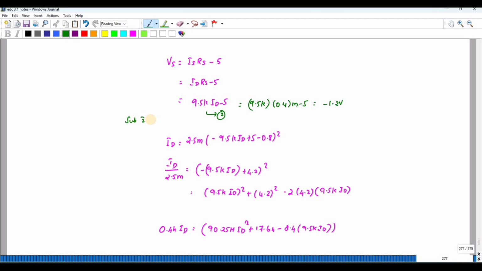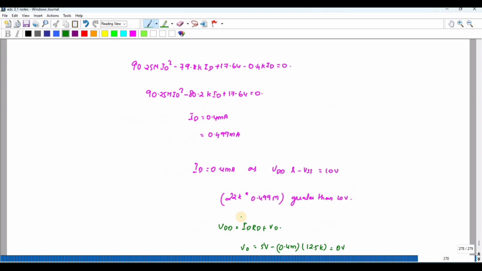If I substitute this equation, I'll get this, and I'm going to divide the whole term by 2.5 milli and apply the (A plus B) the whole square formula. So you will get this. Bring this 0.4k ID to the right hand side, and you will get 90.25 mega ID square minus 80.2k ID plus 17.64 is equal to 0.